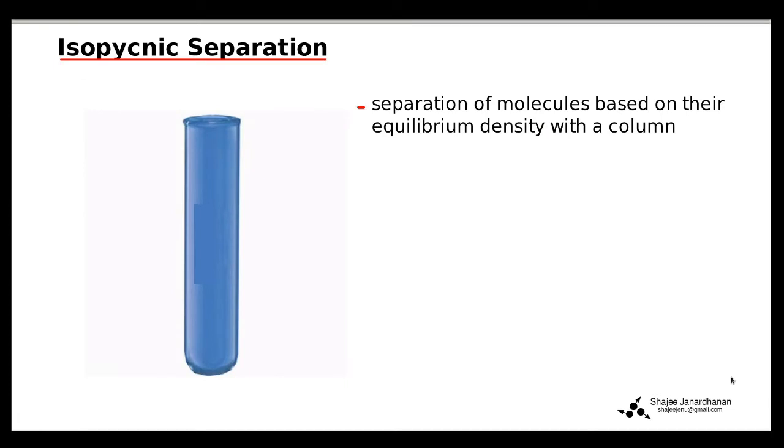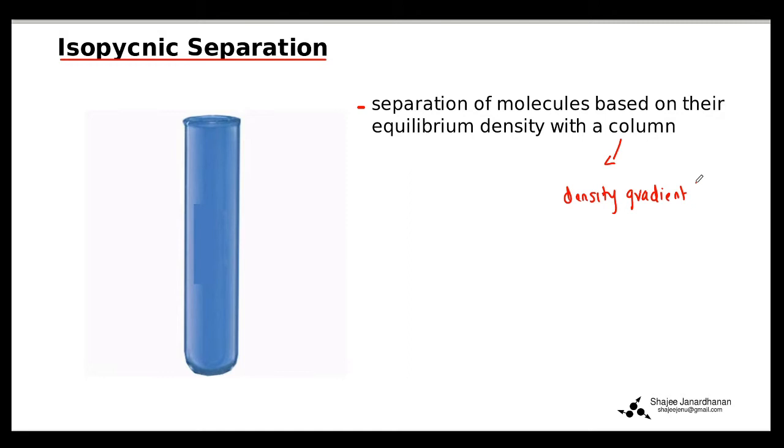First we will see what is the basic technique used in the Meselson and Stahl experiment. It is called an isopycnic separation. Isopycnic separation involves separation of molecules based on their equilibrating density within a column. The column used will be a density gradient column. It means that the stationary phase or the column used will have different layers that correspond to different densities.